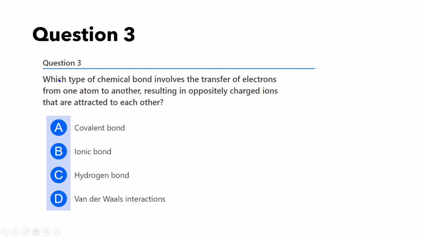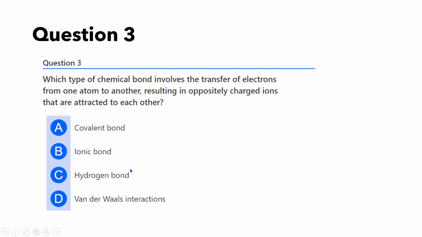Let's move to question 3, which states, which type of chemical bond involves the transfer of electrons from one atom to another, resulting in oppositely charged ions that are attracted to each other? There's covalent bond, ionic bond, hydrogen bond, and van der Waals interactions. We can immediately cross off D because it's not a chemical bond. A covalent bond, by definition, is sharing electrons, so we can cross that out.